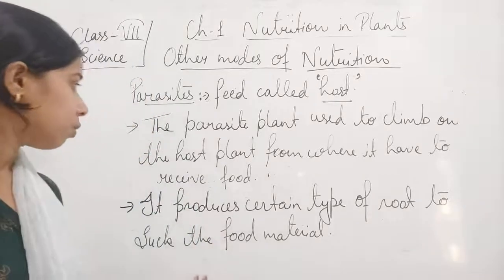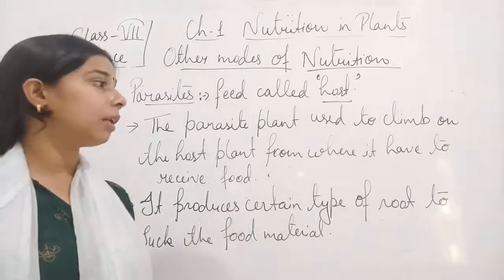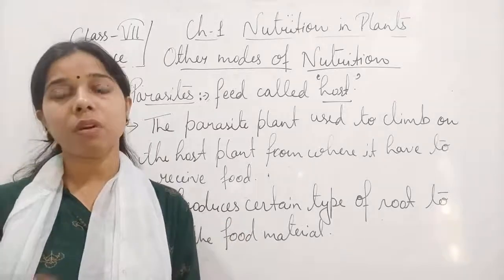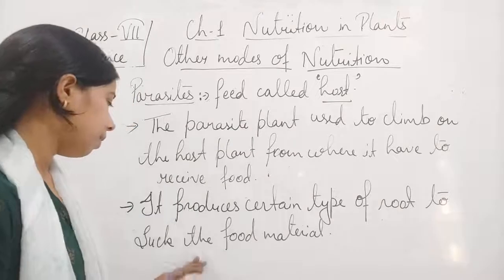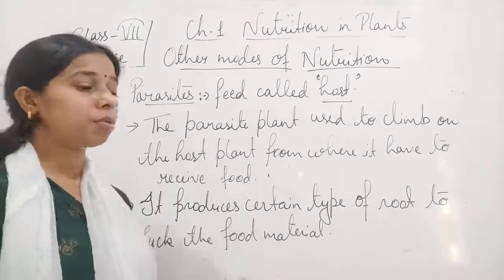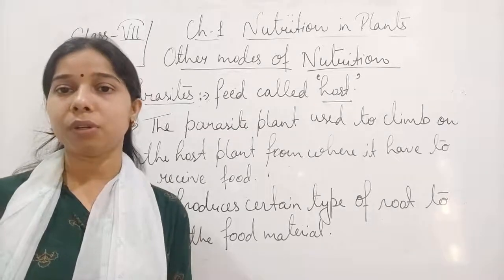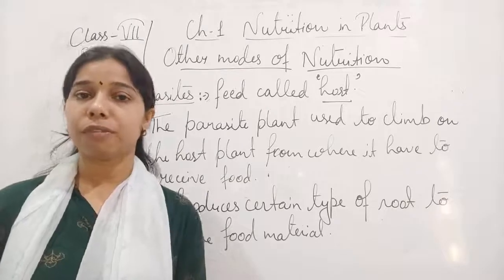Okay. So it used to climb on the other plant from which it has to absorb or take out the food material. Now how it used to do? It used to produce a special type of root which helps in sucking that food material.